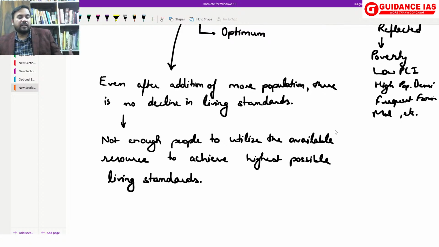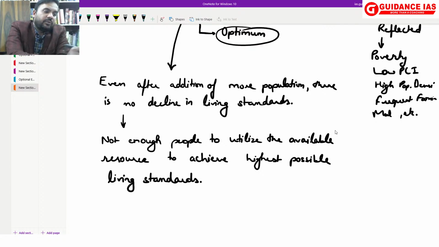On the other hand, much of the desert part of the developed world, whether cold desert or hot desert like Australia, is underpopulated. ठीक है. West Europe को मत बोलो. West Europe is more like an optimum populated area, near to optimum population. ठीक है.